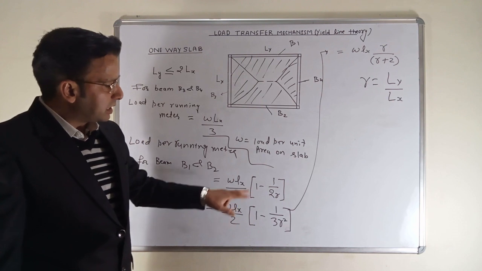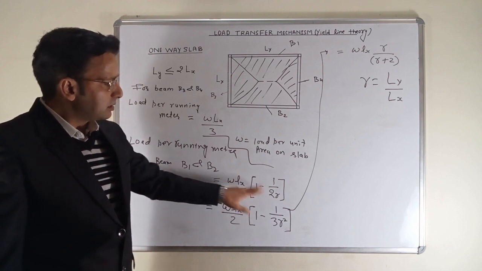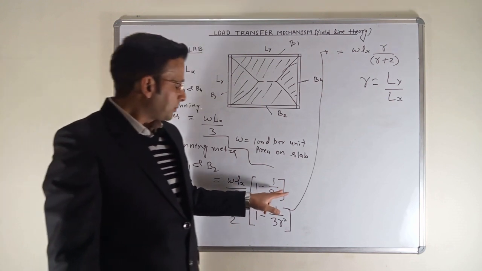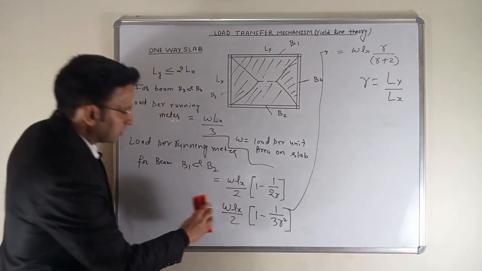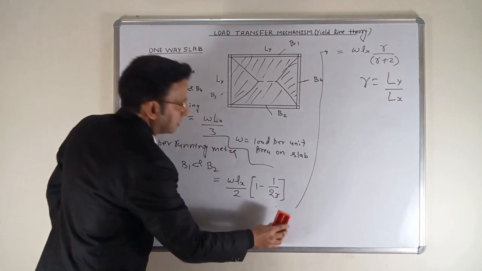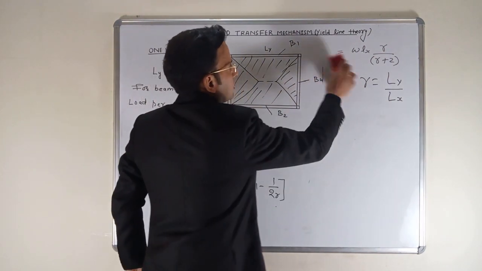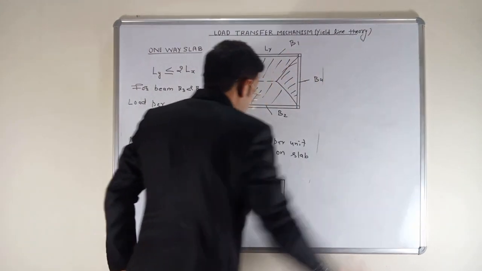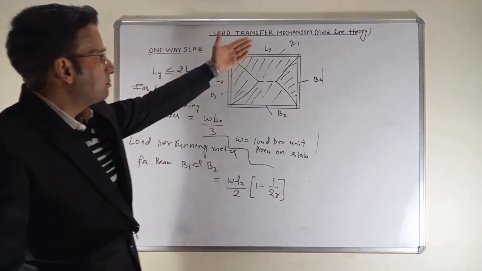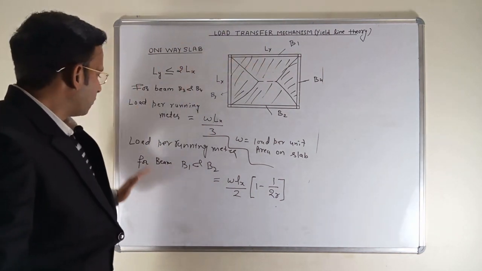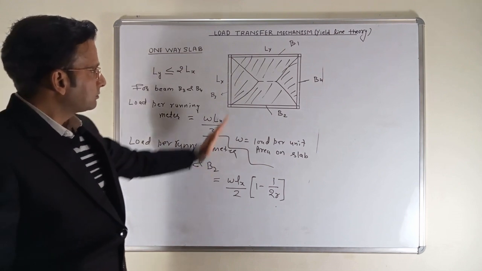If you are designing the beam, you can use this formula. This is simple, easy and most used. I advise you in your professional life, just use this formula to calculate the load on beams B1 and B2.